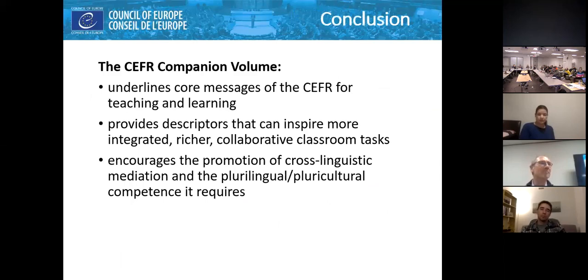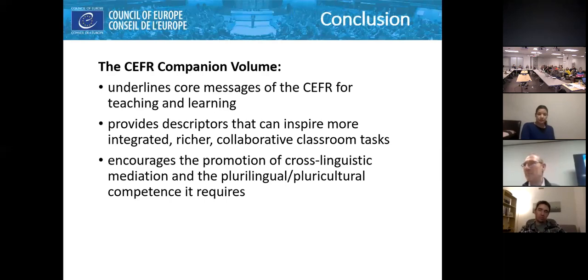And we feel that the companion model underlines the core messages with that nice little text at the beginning. It provides a richer set of descriptors that can inspire more integrated, collaborative classroom tasks, with collaborating to construct meaning, facilitating that collaboration in groups, and then mediating, where you've read this text and they've got that text, so we'll explain our text to them.